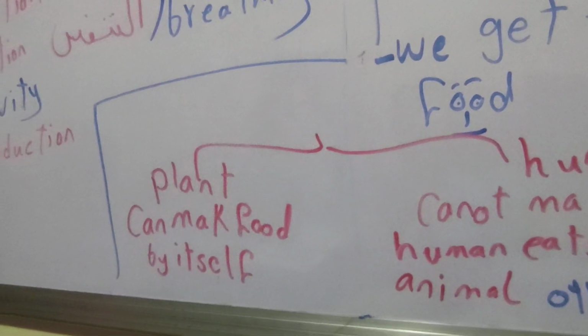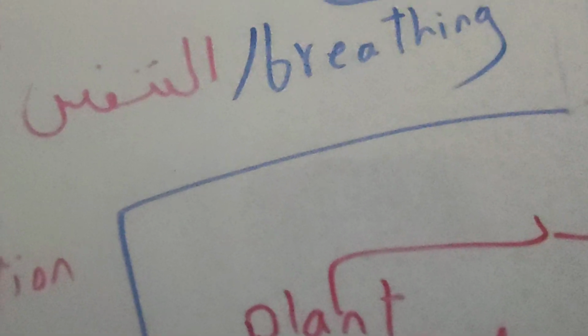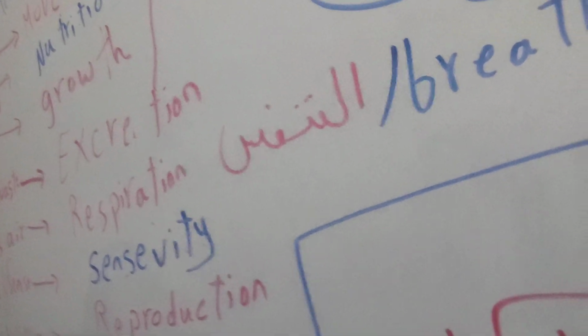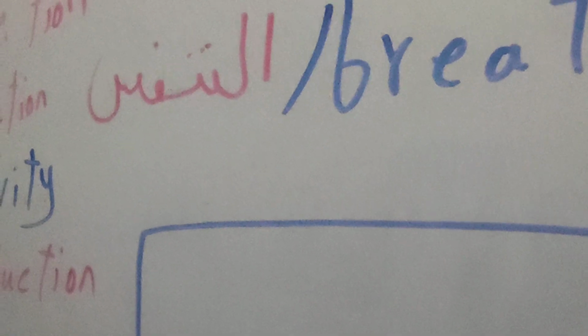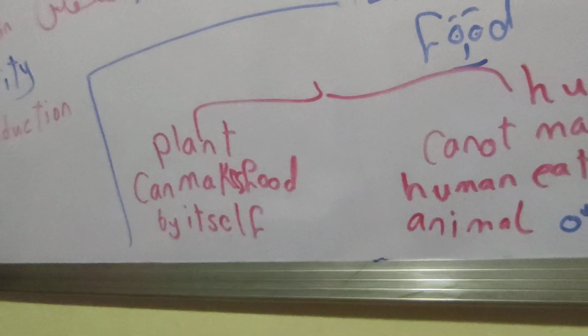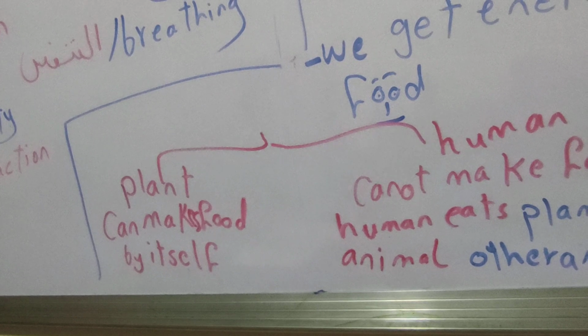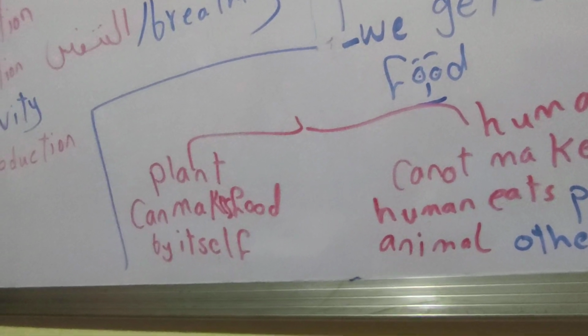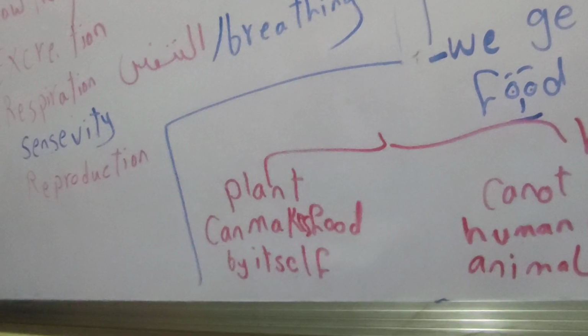Of course, there is an S here: if we are talking about a single noun, we add S. This is the present simple, guys. Makes. Okay, sorry for that. Plant makes food by itself through something called photosynthesis.